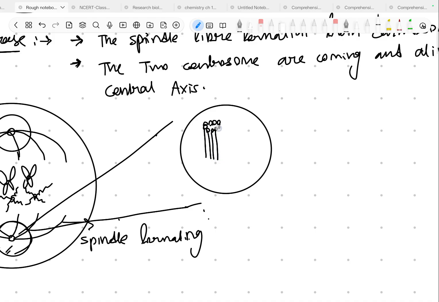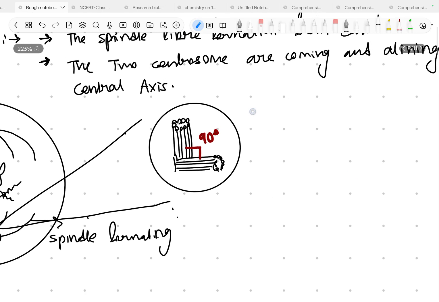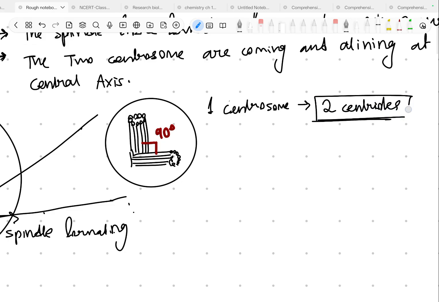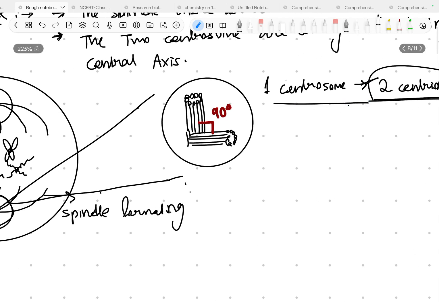These are the two centrioles, which are at a perpendicular axis, that is 90 degrees. So in one centrosome you are seeing two centrioles.